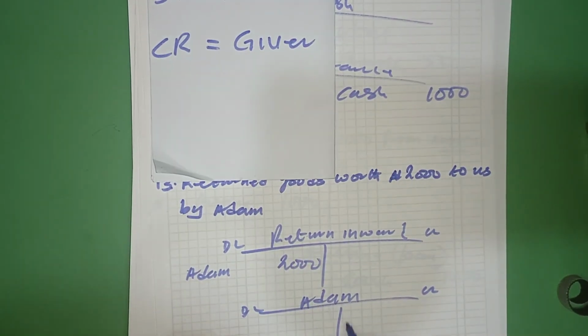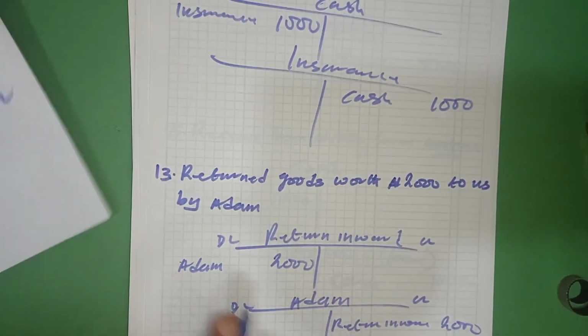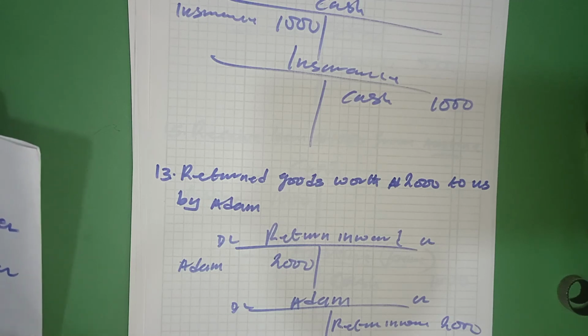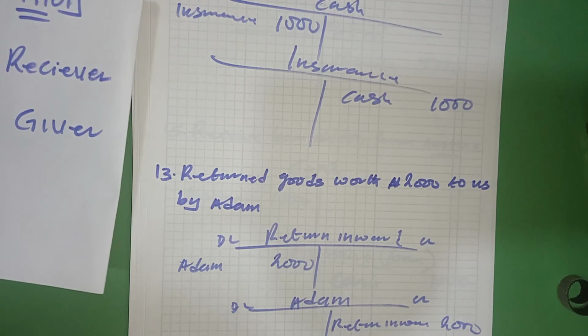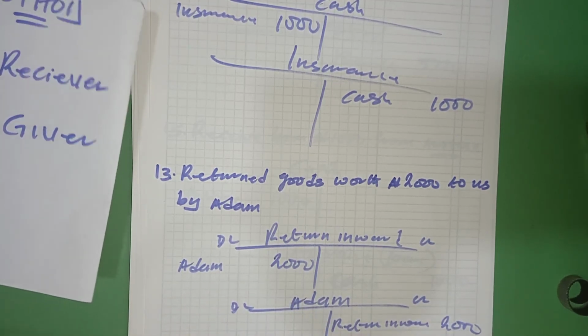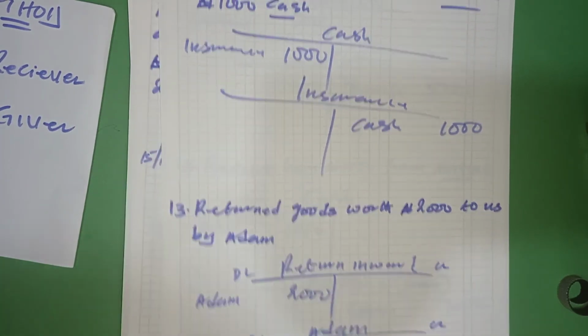We credit returns inward by 2,000 naira. Now, Adams is returning these goods to us, so our stock is increasing. Then we credit Adams, because the corresponding account is Adams's. So that is that.